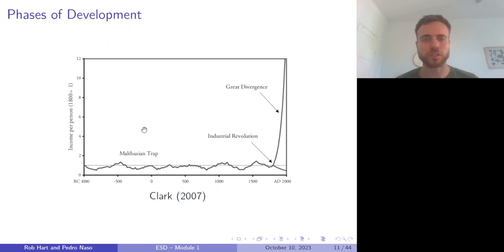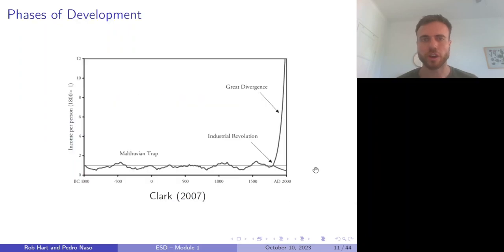The Malthusian trap, which was basically income per person around the subsistence level of this line here. And then there was the Industrial Revolution and what is called the Great Divergence. Some countries got much richer than others. And you can see here that there is a line going down. These are the least developed countries.